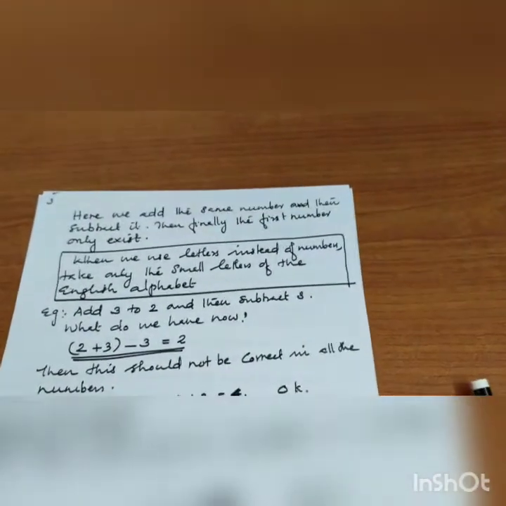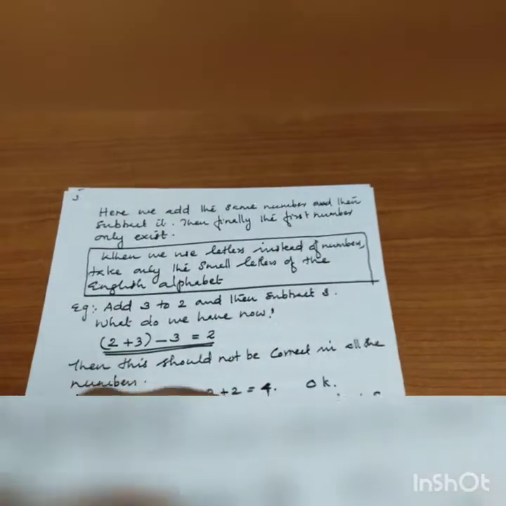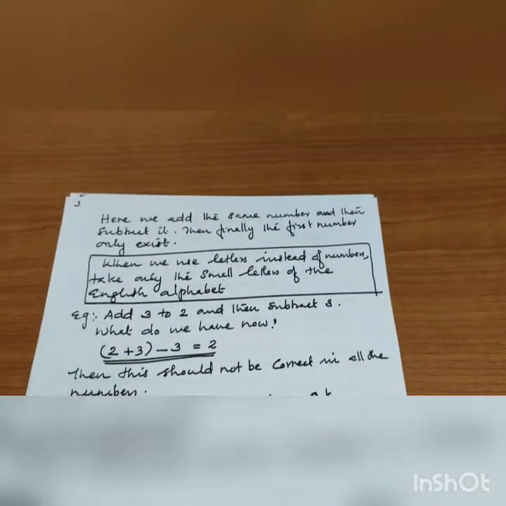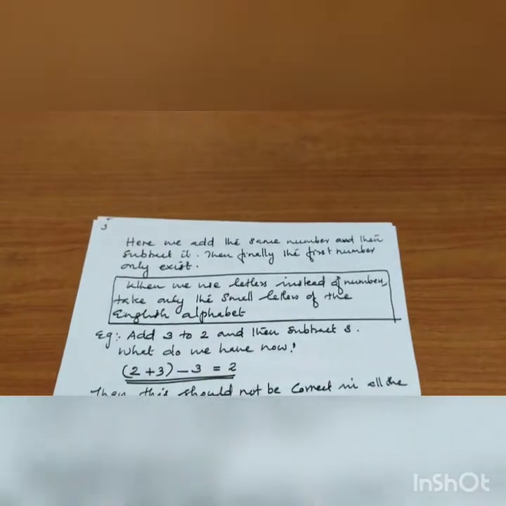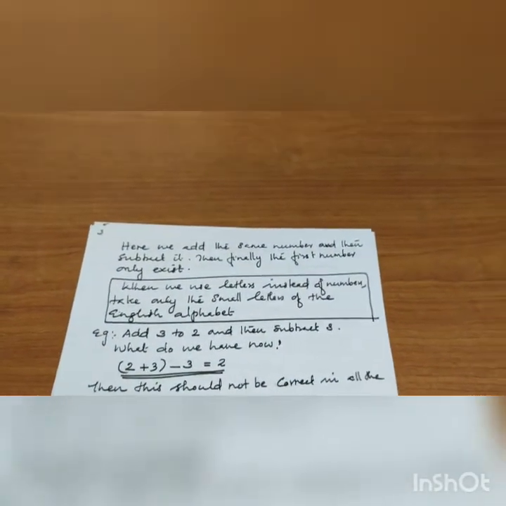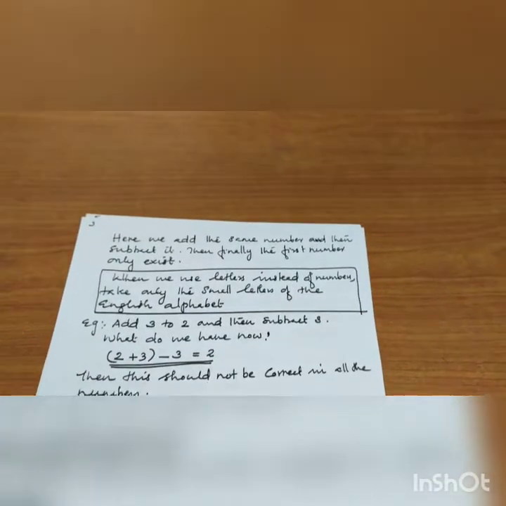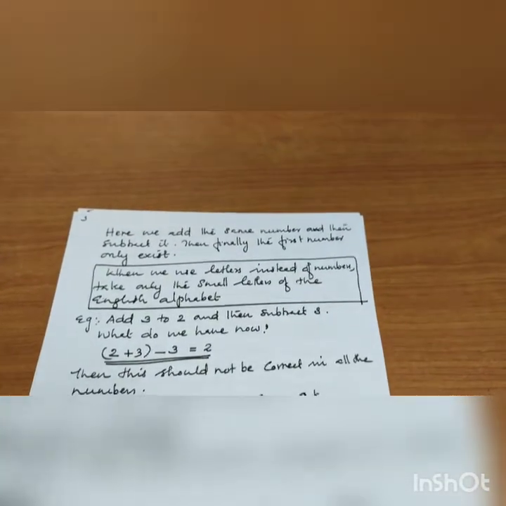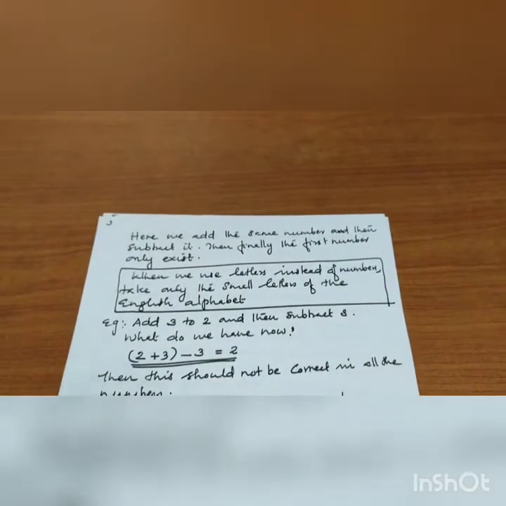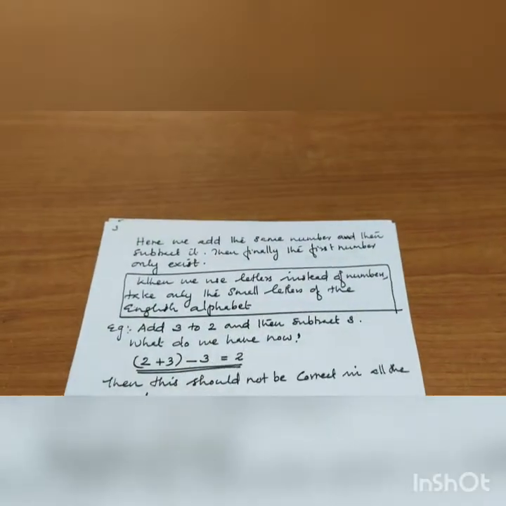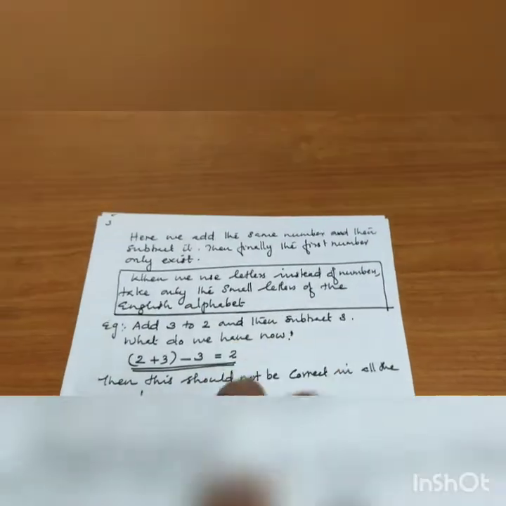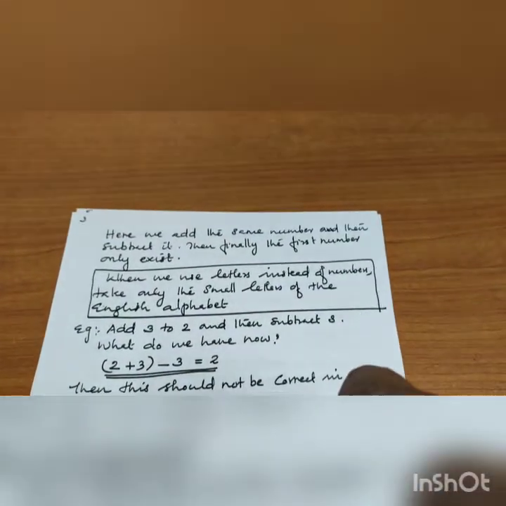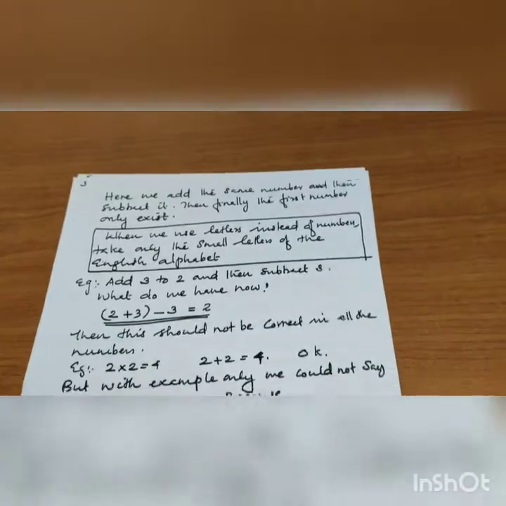Then you can have a doubt. In the previous case, we took A as capital for area. That A is not for any number. That is a denoted letter, P for perimeter, A for area. There we use the capital letter. But instead of numbers, when we use letters, those letters should be small letters of the English alphabet.